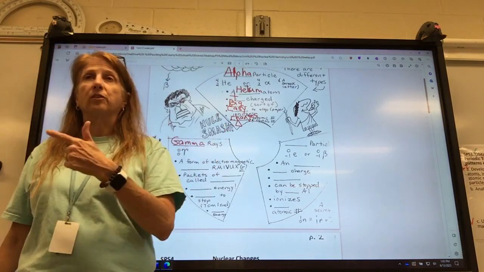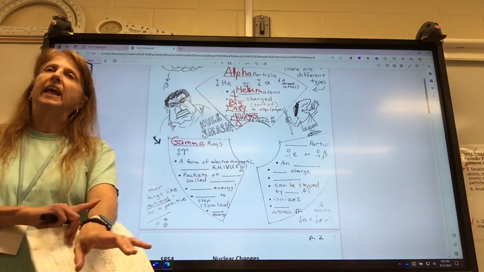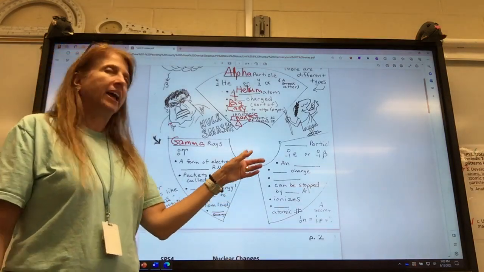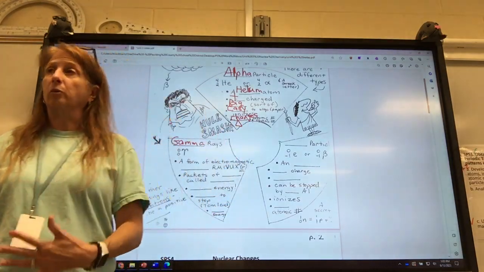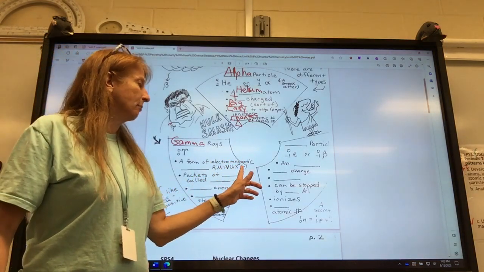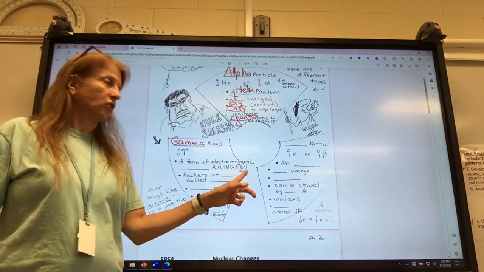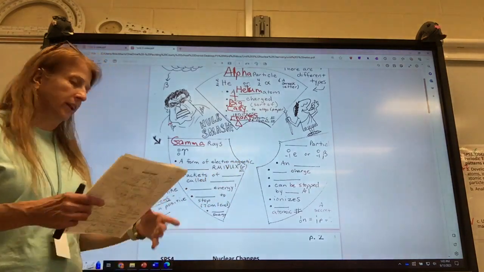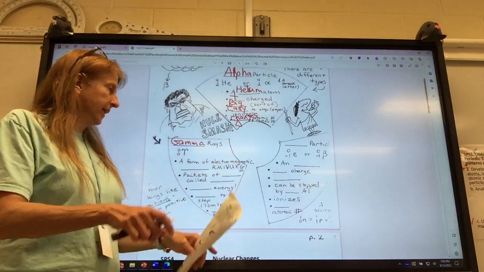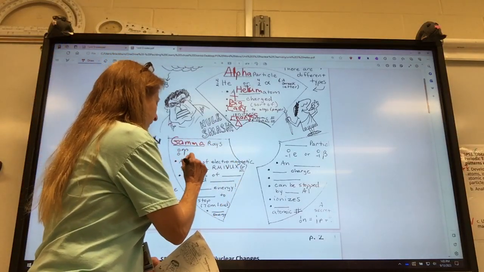V is visible, that's Roy G. Biv. U is ultraviolet, it gives you a tan and gives you skin cancer. X is X-rays, that's why you wear the lead at the dentist office. And G is gamma rays. So that G in Ronald McDonald's Very Ugly Extra Gross is gamma rays. So it's really part of that, and it is a form of electromagnetic energy.